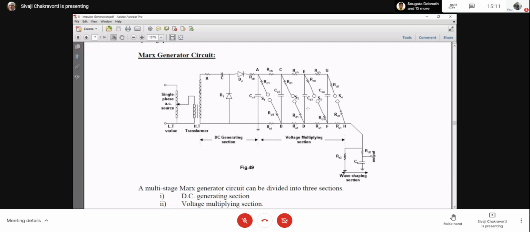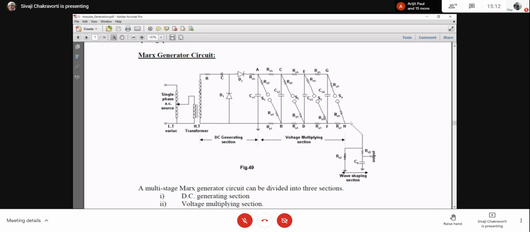Then there are certain sphere gaps which are connected, like A to B. This sphere gap has some series resistance. Similarly, S2, S3, and S4. Now, when these capacitors are being charged, at that point this sphere gap should not fire.